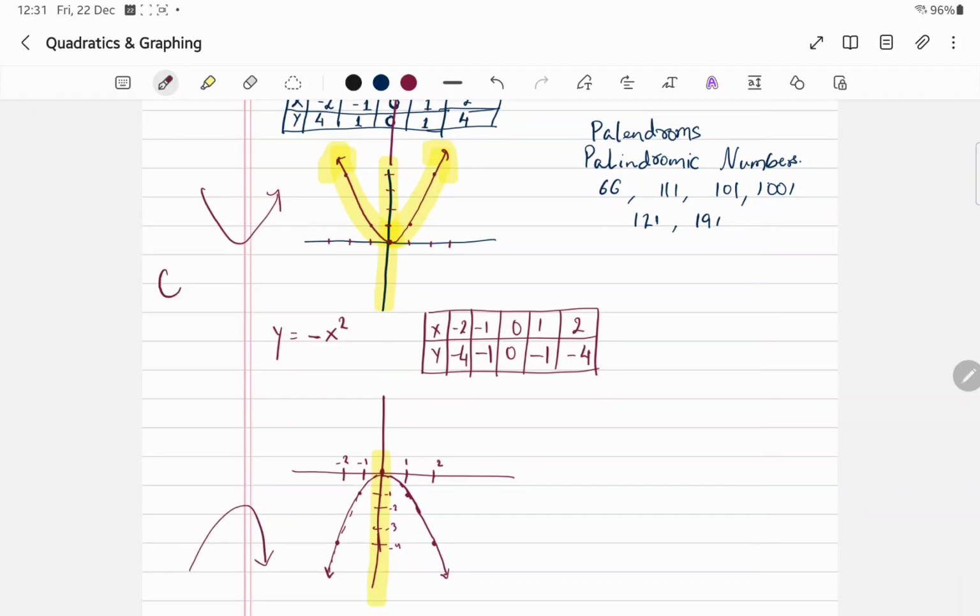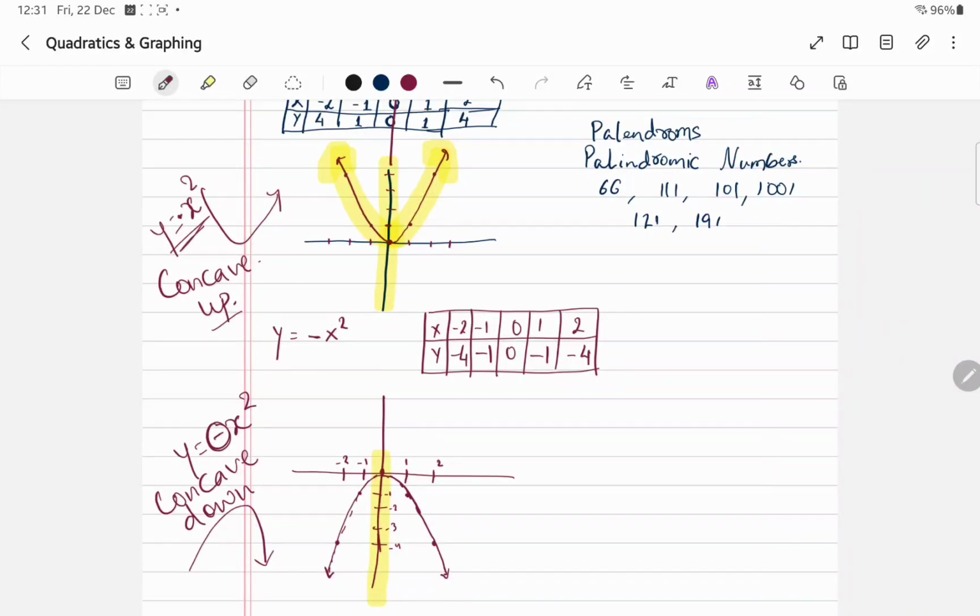So this is called concave up and this is called concave down. So when you have y equals x squared, which has a positive number in front of it, it is concave up. If you have y equals minus x squared, which has a negative number in front of that, it is concave down.